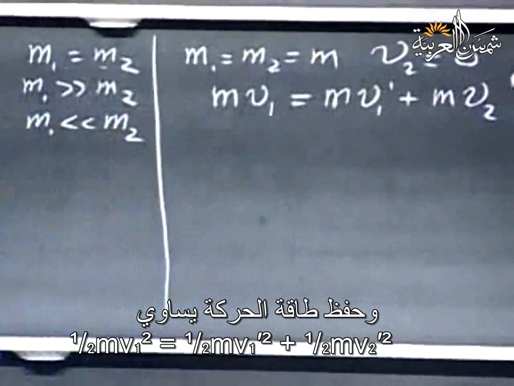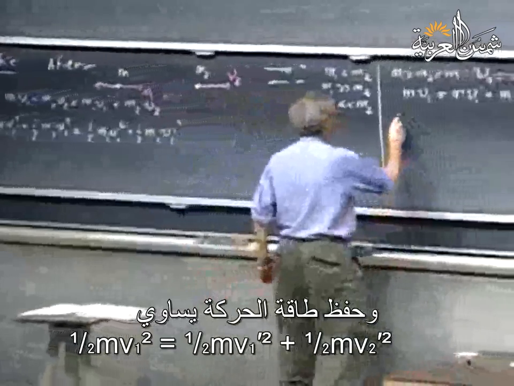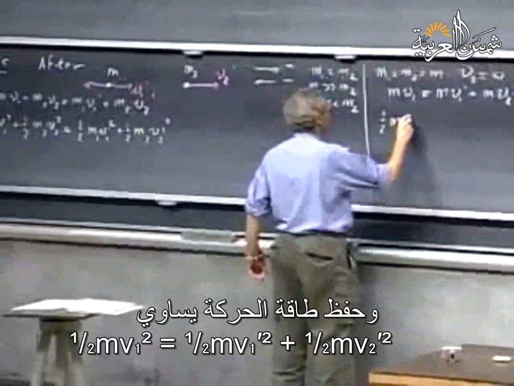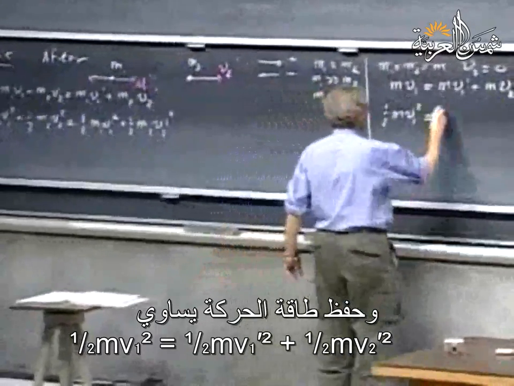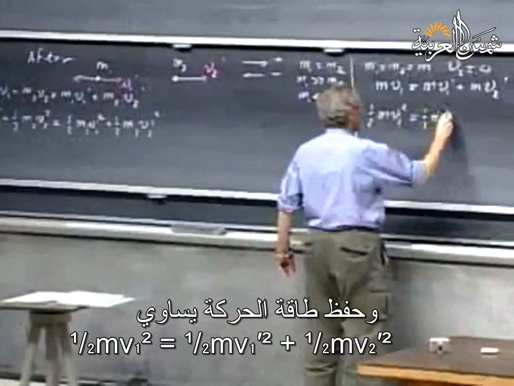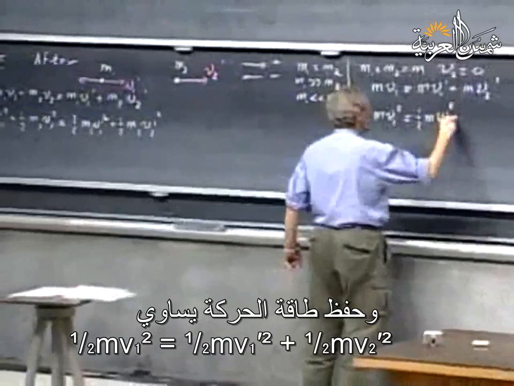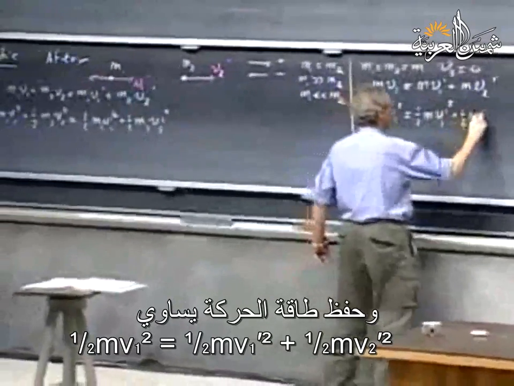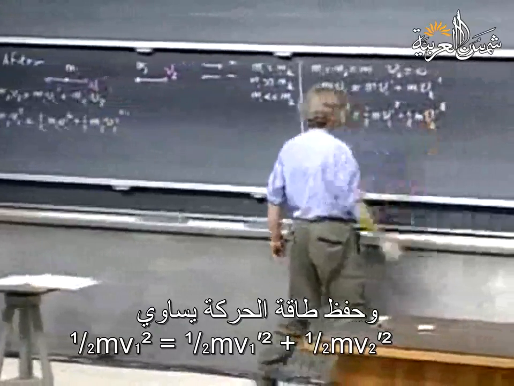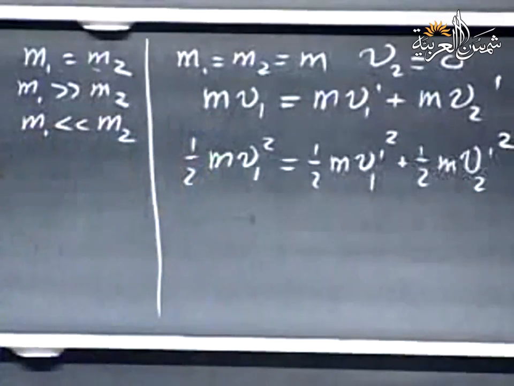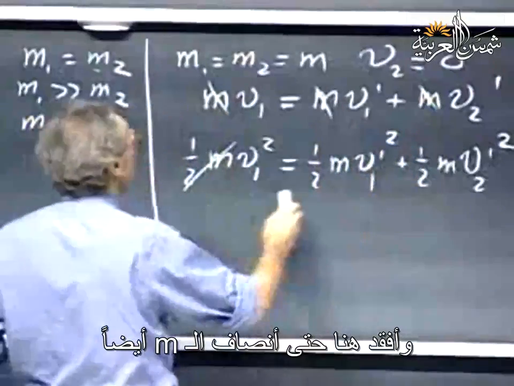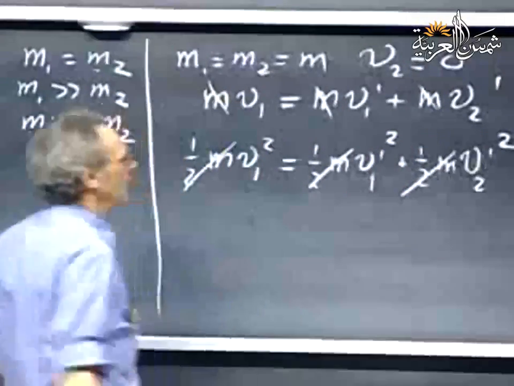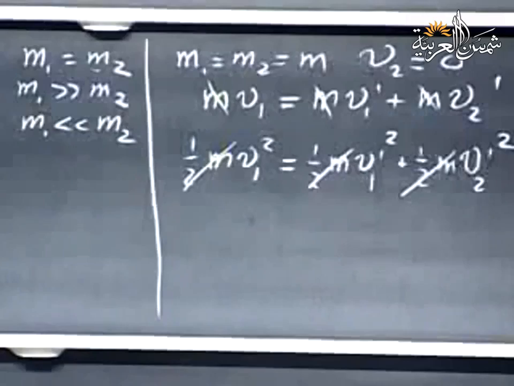Conservation of kinetic energy is 1/2 M V1 squared equals 1/2 M V1 prime squared plus 1/2 M V2 prime squared. Notice that now I lose my m's, which is very convenient. Here I lose my 1/2 m's even. And this is very easy to solve.